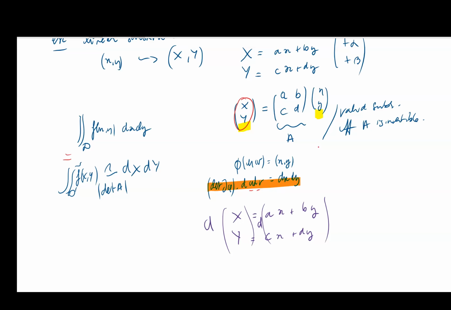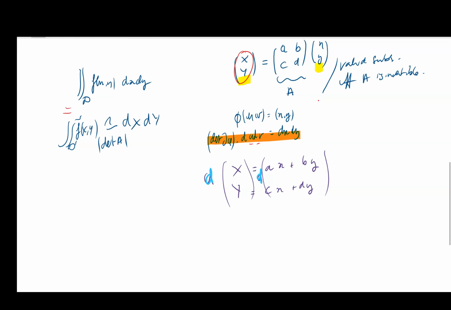I don't know if that's the kind of notation you use, so let's write it this way. Line by line, you would get dX is equal to a, which is just a constant, dx plus b dy for the first one, and dY is equal to c dx plus d dy. Too bad I've got two times the letter d, but one d is my constant d, and the other d is the differentiation.